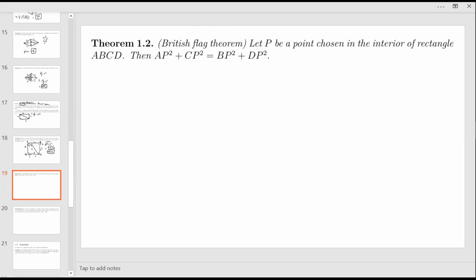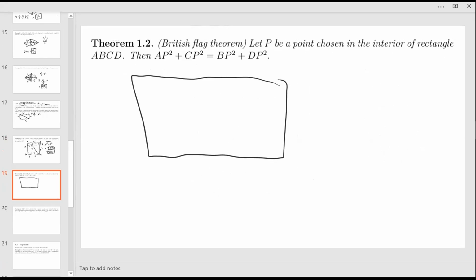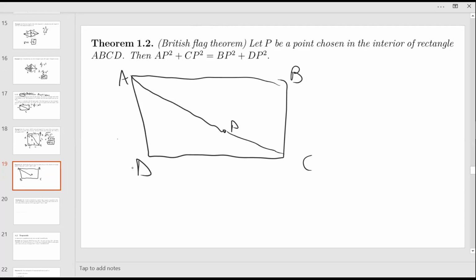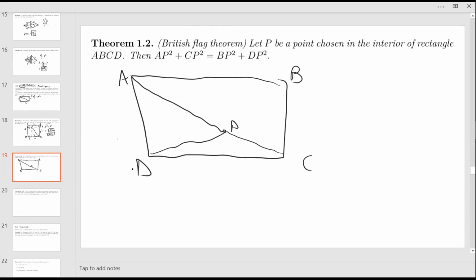So let's draw this out. Say we have a point P here, and then we draw AP, CP, DP, and then BP. And it's saying that AP squared plus CP squared is equal to BP squared plus DP squared.